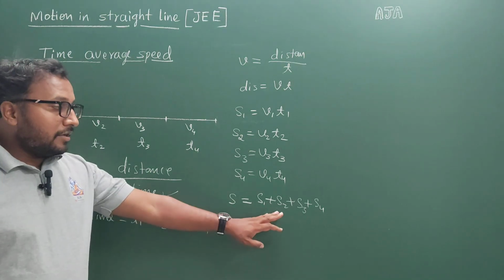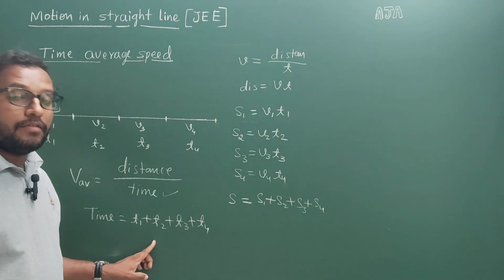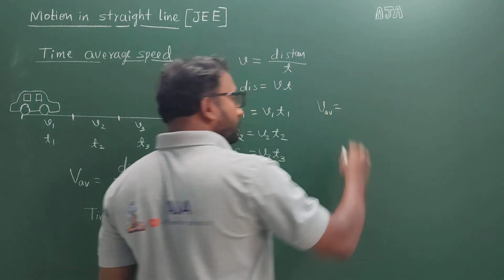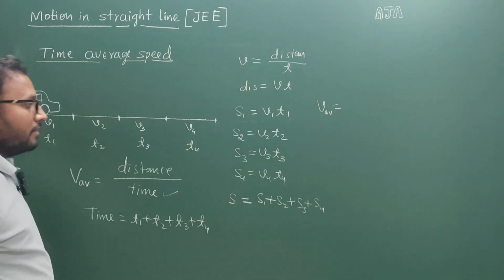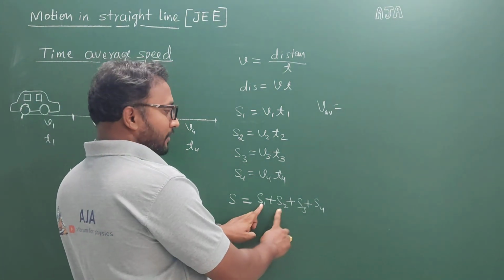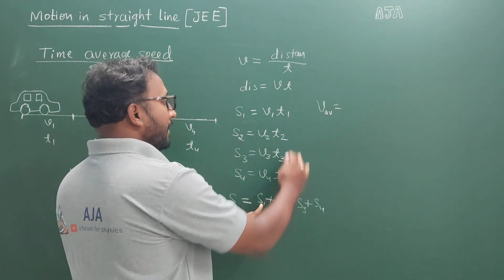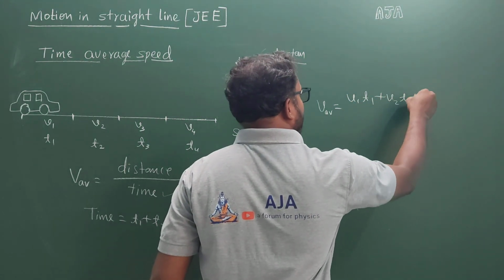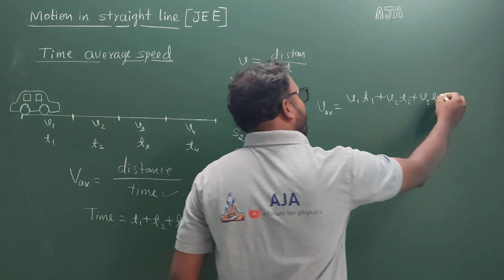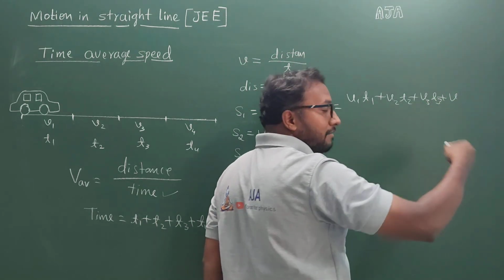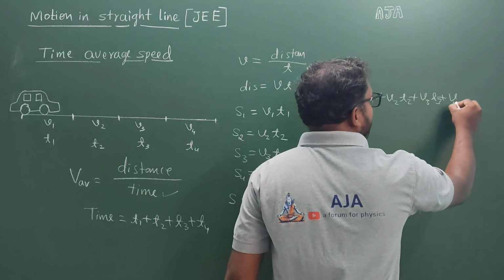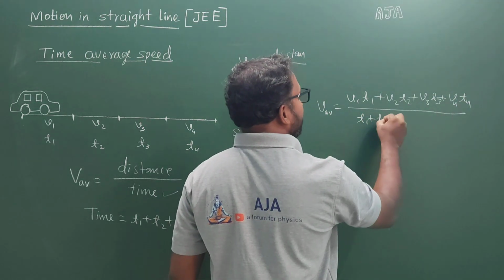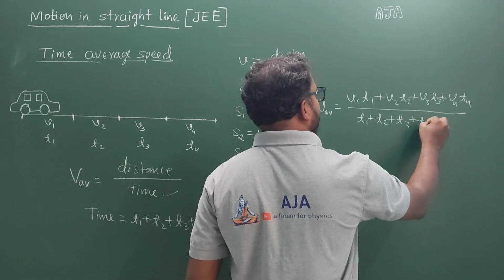Now, by taking this total distance divided by the total time, we will get the average speed. So I will write the formula for average speed here. The average speed in the entire journey of the car is given by s1 plus s2 plus s3 plus s4, which I can write as v1 t1 plus v2 t2 plus v3 t3 and so on up to the nth term if n speeds are given, so v4 t4, divided by t1 plus t2 plus t3 plus t4.